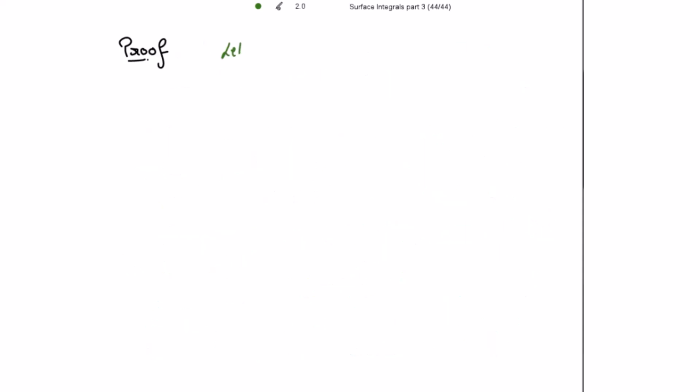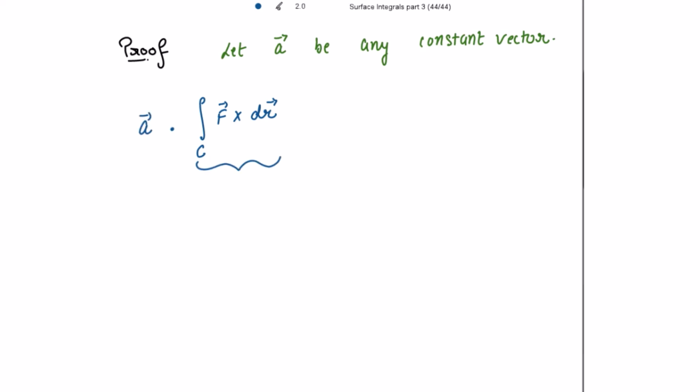So let a vector be any constant vector. Writing the left hand side of the result, that is the line integral over C of f vector cross product with dr vector, I have to take the dot product of a vector with this integral.